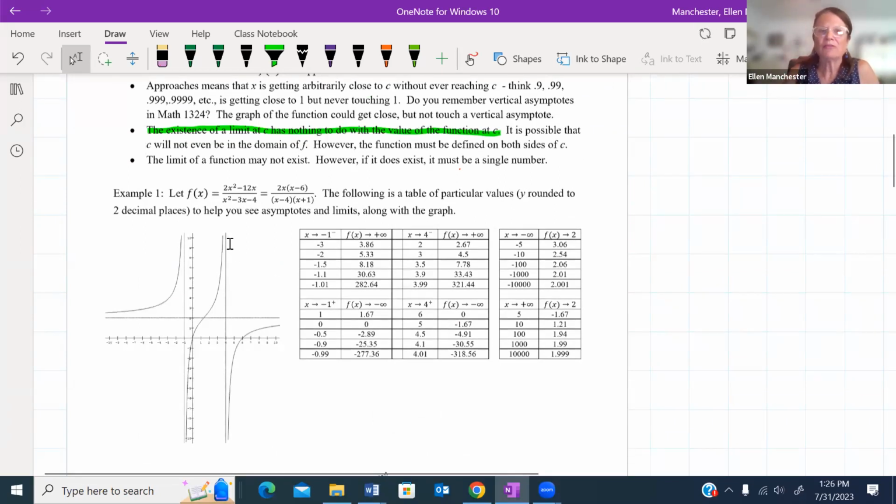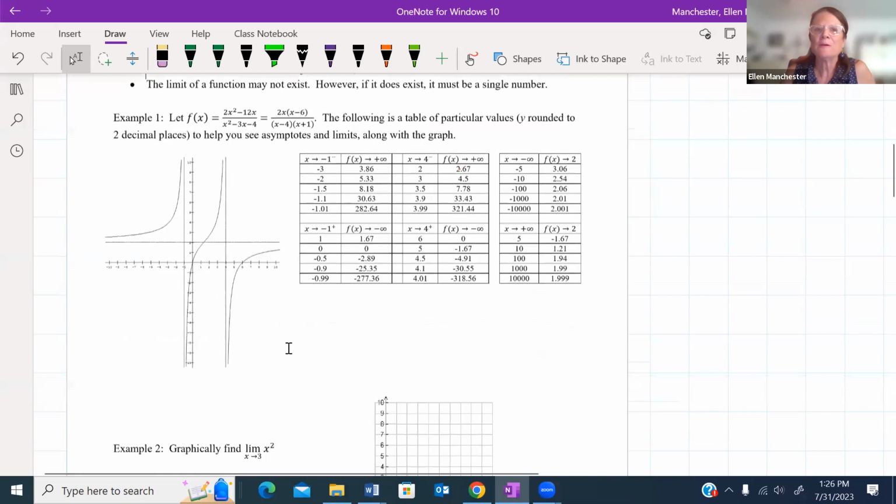Asymptotes are vertical lines that are like an invisible wall where your graph approaches it but can't cross it. An asymptote can also be a horizontal line where your graph approaches it but doesn't cross it, and so on.